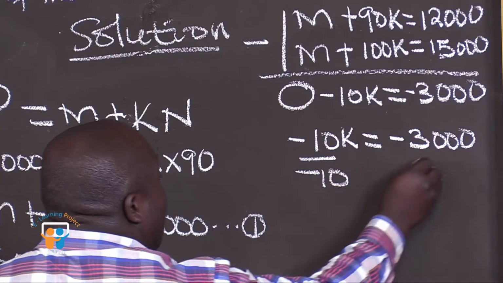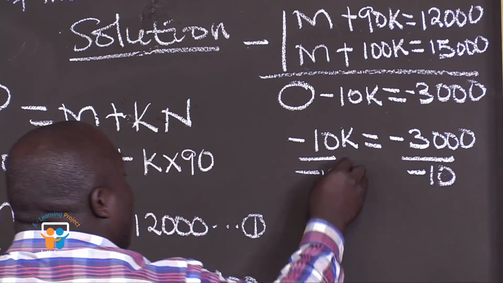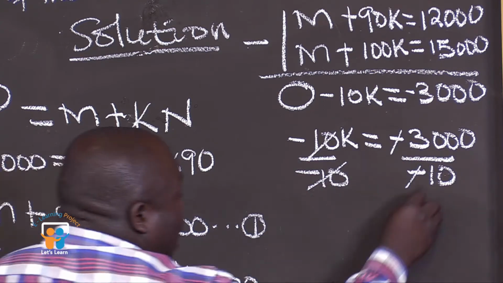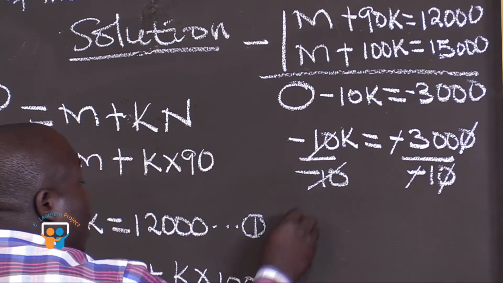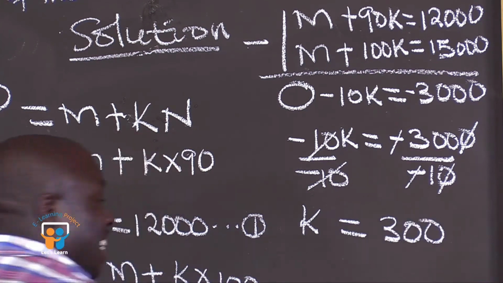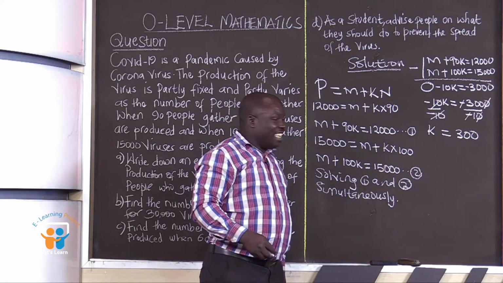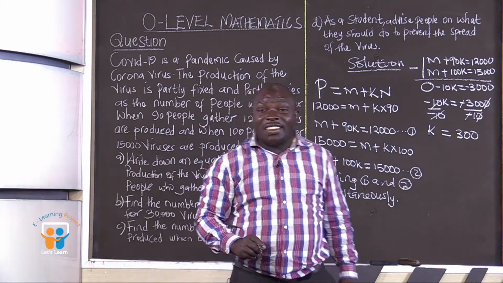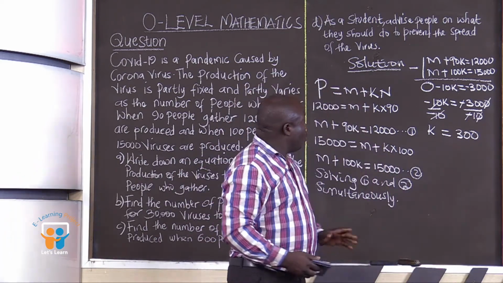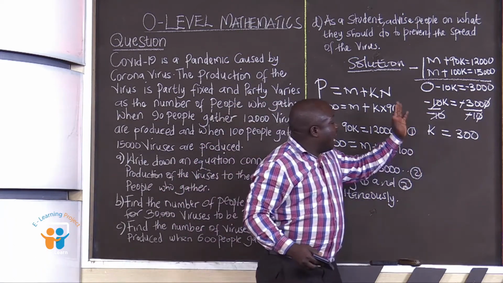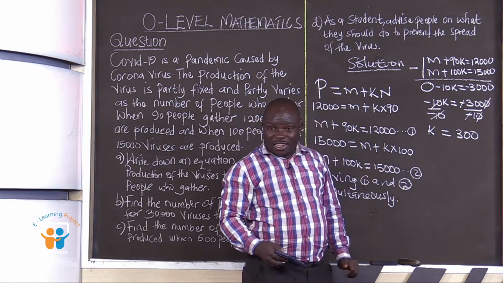Negative goes with negative. Then this 0 disappears with that 0. K equals 300. We are moving closer to obtaining the answers. We have been able to get a value of k as 300.